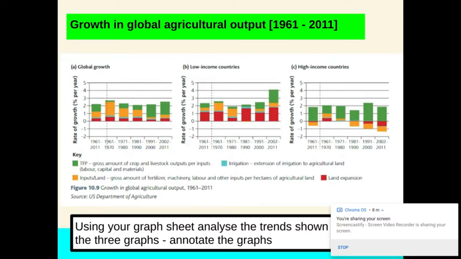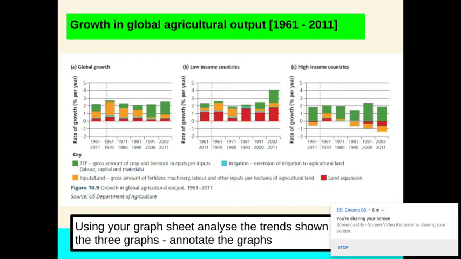Okay, so there is a Google Doc with these graphs on, and again, it's a really similar style of question to the things we've been looking at so far when we're looking at graphs. So forgive me for redoing this skill again, but it's a really important one. So being able to look at a series of data and analyse the trends shown.